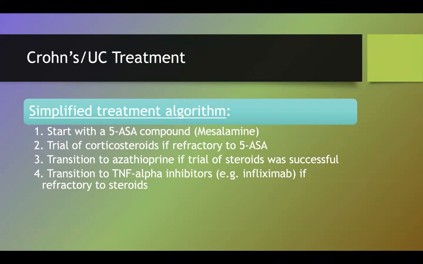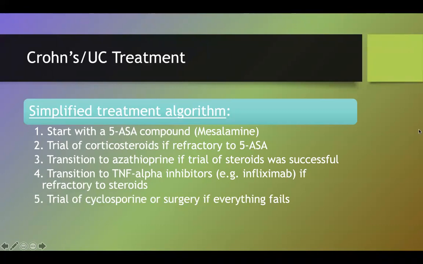Again, I think I've seen people on TNF alpha inhibitors, even though they had a good response to steroids. So take this algorithm with a grain of salt. And then if everything fails, you can go to cyclosporine, which is more of a heavy hitter. The only reason I put this algorithm on is because it allows us to talk about 5 different classes of medications, and they do test those at times.